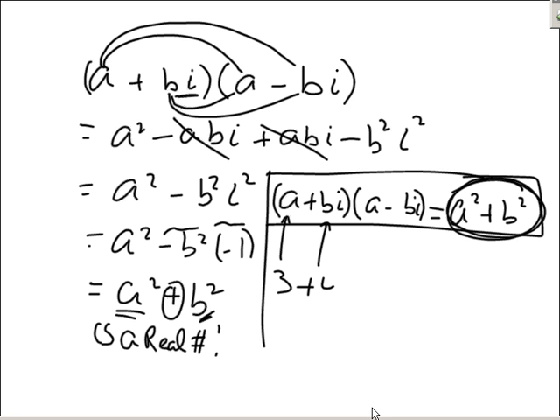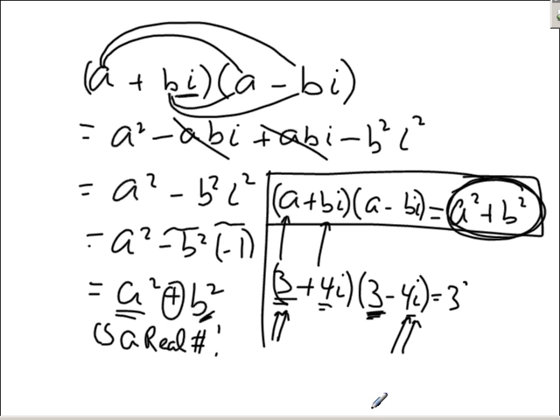If you have 3 plus 4i and you multiply it by its conjugate, 3 minus 4i, you will get 3 squared plus 4 squared. You don't want to look there, you can look here. You want to look at both of them, you get 3 squared plus 4 squared.